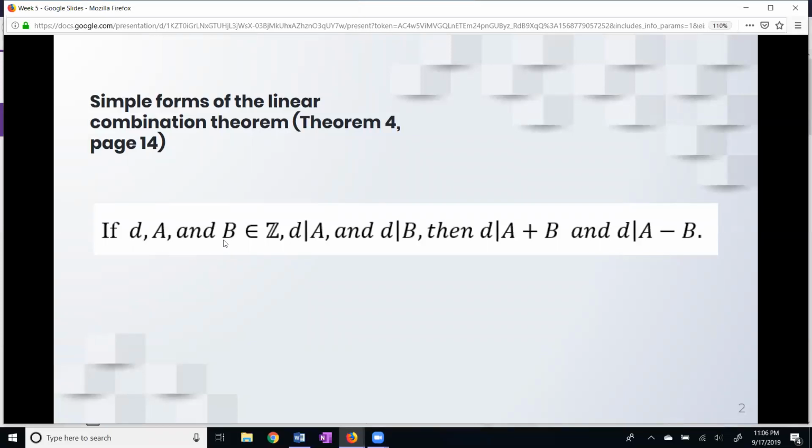If D, A, and B are integers, and I happen to use capital letters because I felt like it here, just maybe for emphasis, D is dividing A and D is dividing B, then D divides A plus B and D divides A minus B. These are simple linear combinations of A and B, and they might be sufficient for our purposes.